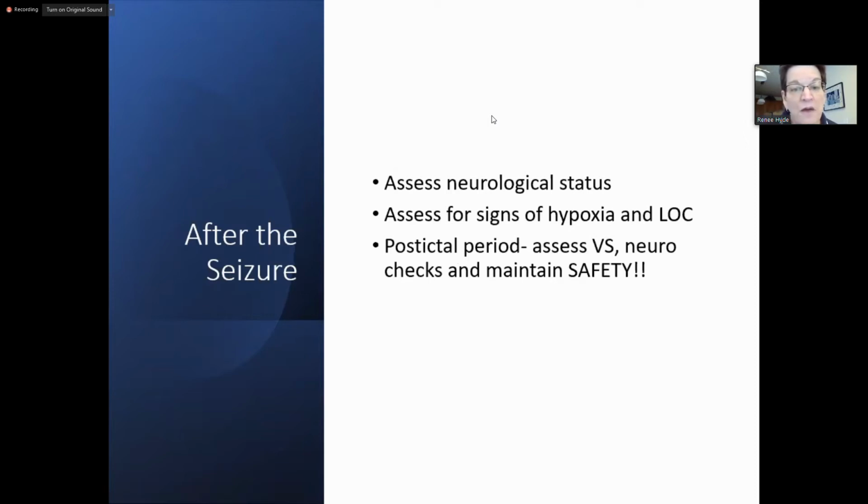Now, remember that post-ictal period sometimes can last minutes up to several hours, because that brain has used a lot of the glucose and oxygen, and those rapidly firing neurons need a recovery period. And so that post-ictal period, you allow them to sleep.